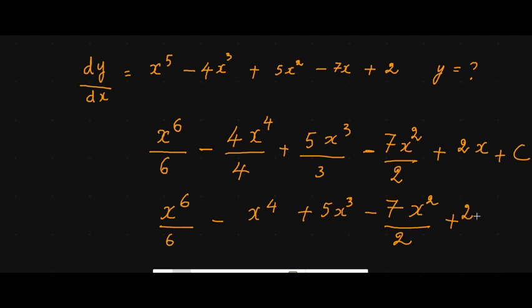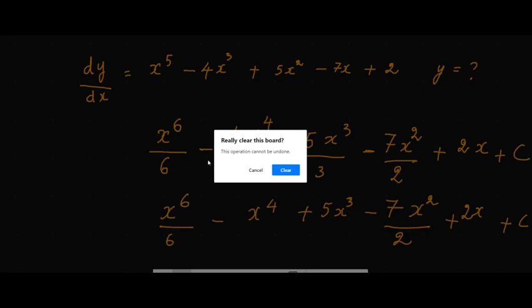So I forgot that one, so that is 2x plus, some of these terms will have a constant, all of those constants together we add into one constant plus c, okay? Okay. And then I want to show you, let me clear this board.